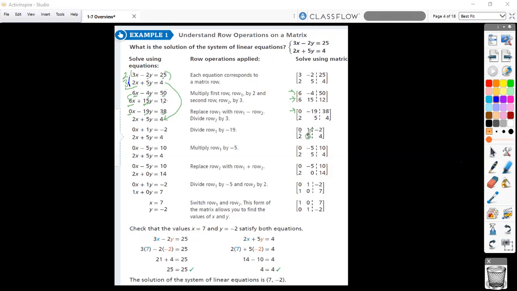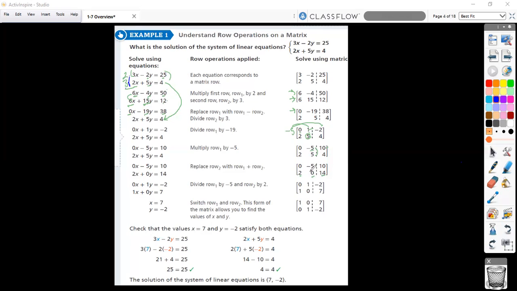So if I multiply the top equation by negative 5, times this 1 makes this negative 5, and negative 5 times this negative 2 makes this 10. Now when I add the 2 rows together, negative 5 and 5 makes this 0, and then 0 and 2 leaves a 2 here, and 10 and 4 makes this 14.